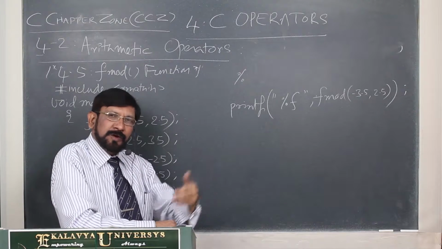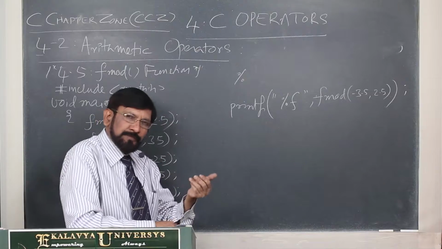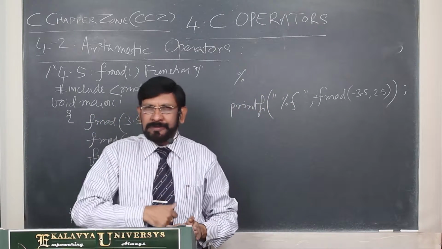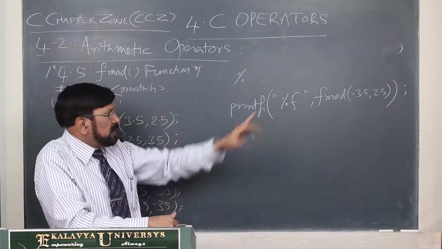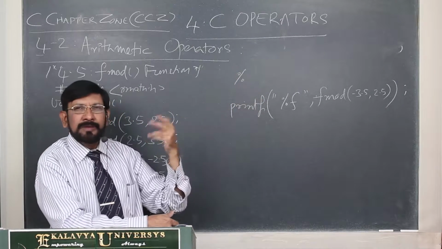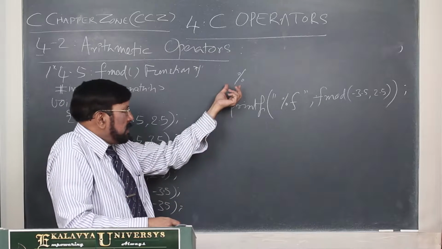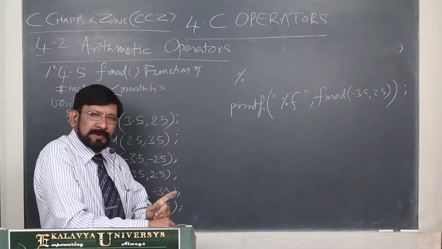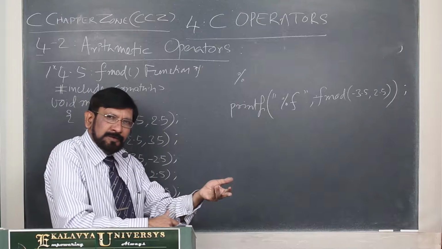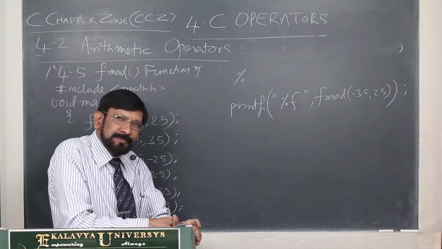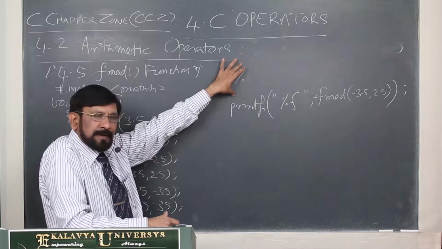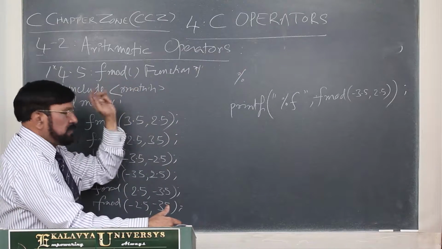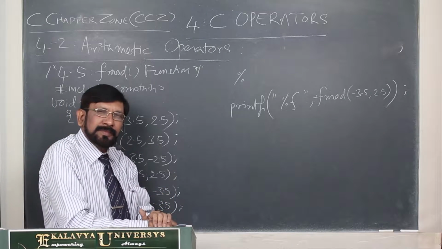But in our programs, we have to perform the modulus operation on floating point values also. Then we are handicapped, because if you apply the modulus operator on floating point values, it leads to a syntax error, because it is purely an integer operator. That's why we require the fmod function.